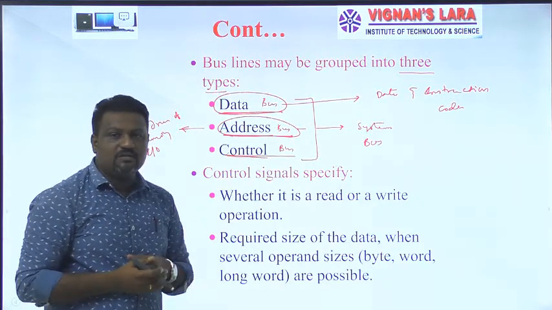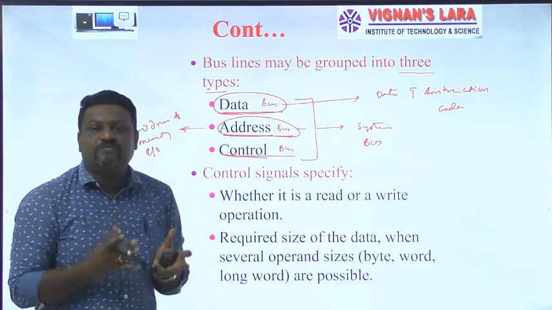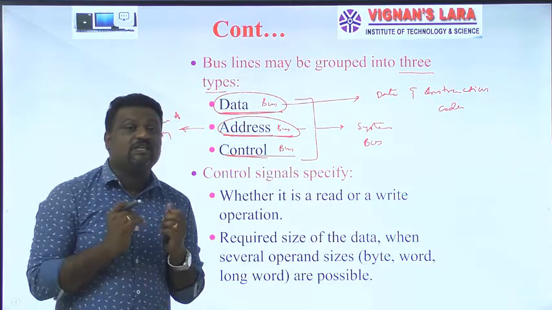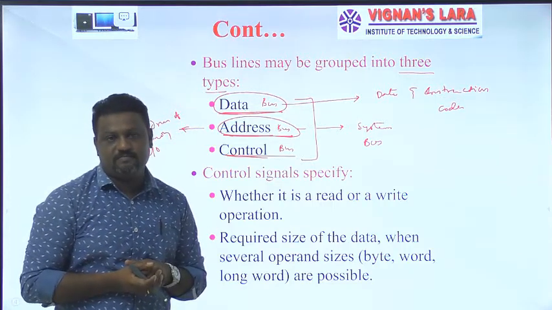Coming to the third one, the control bus. This control bus is again a group of lines which carries the control signals as well as request signals and acknowledgement signals.